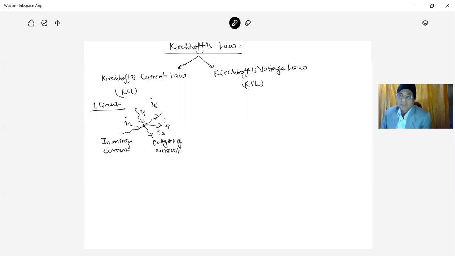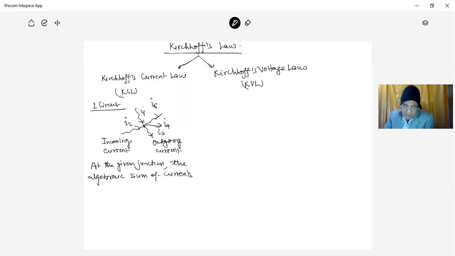So you can see at the given junction, the algebraic sum of currents at node is 0.